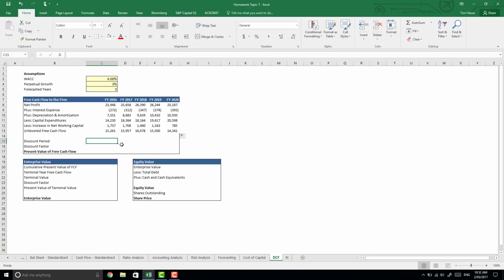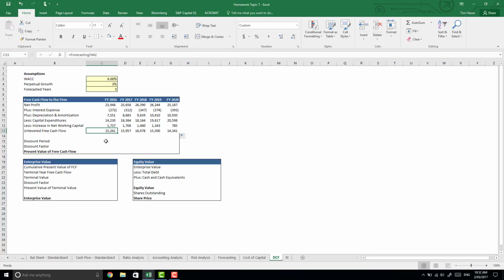The next part that we need to consider is the discount period. The discount period is how far in time this financial year 2016 is. What we need to consider here is that it's technically not 1 year into the future, but only half a year. The reason for that is that these cash flows don't just suddenly arise at the end of the year. We accumulate them throughout the year.